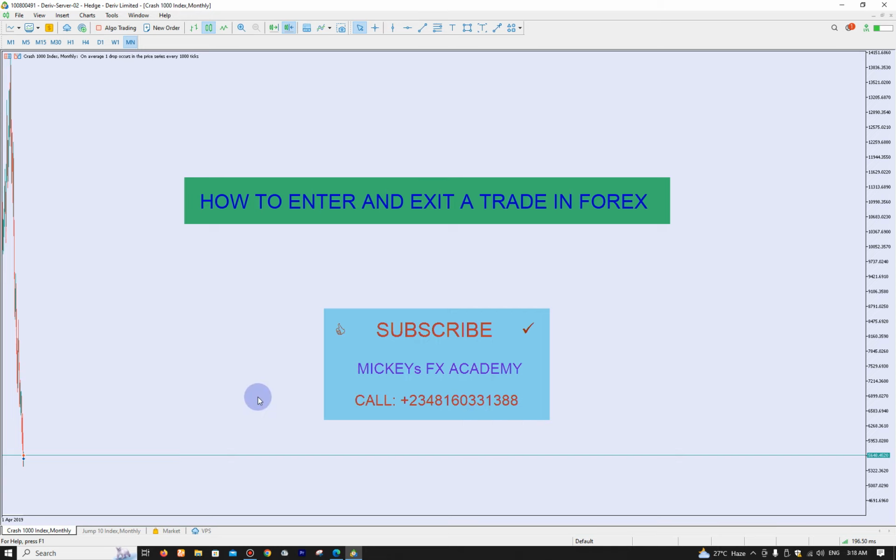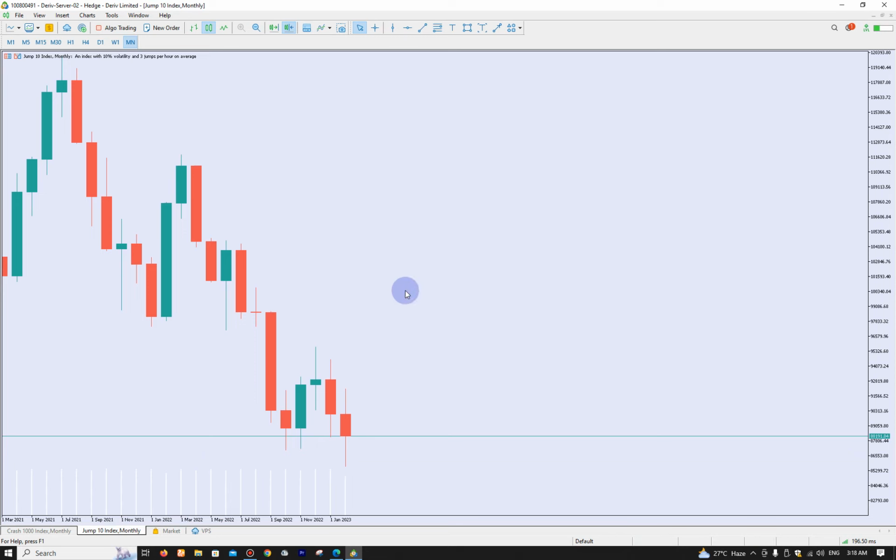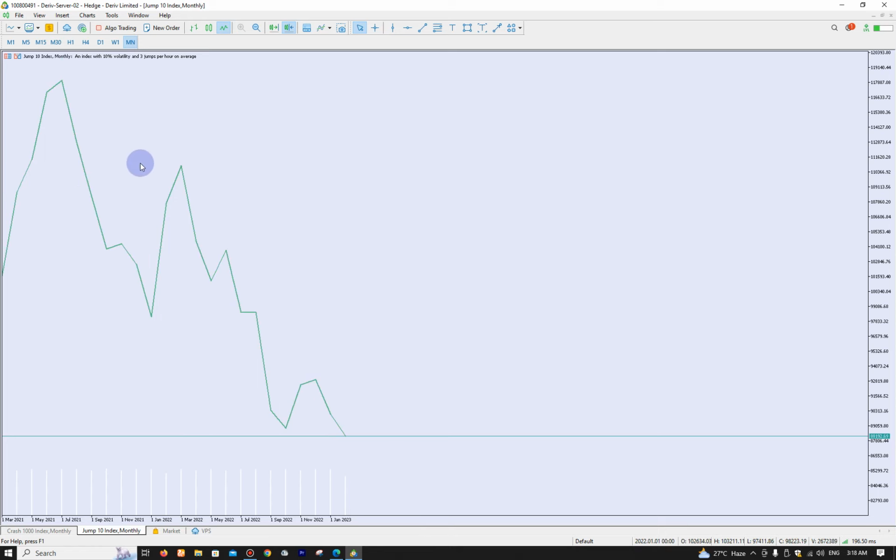Now we're going to look at this topic, and I want to use the Jump 10 index as our case study. Currently on the chart, if I turn this to the line graph, you can see it's a strong down movement.